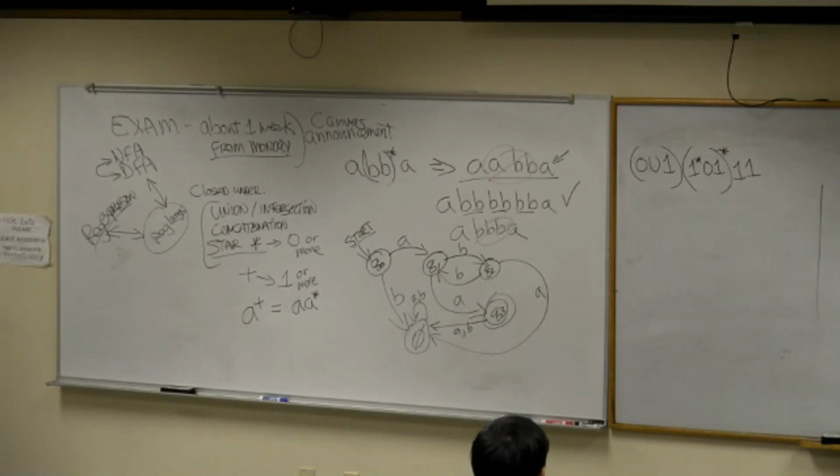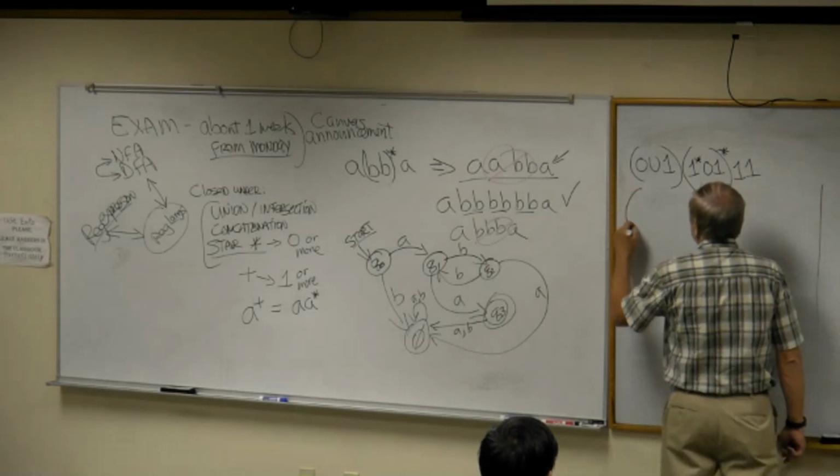So the union is either or. I can pick one or the other. Other ways of writing that might be, you see something like this, an alternation bar, which means or, same thing. Or sometimes people use the plus. Those are all regular expressions.